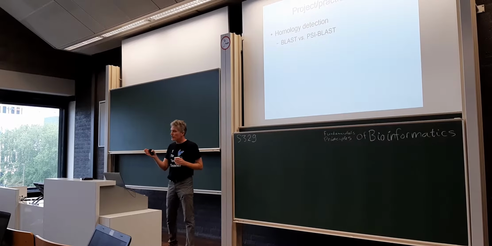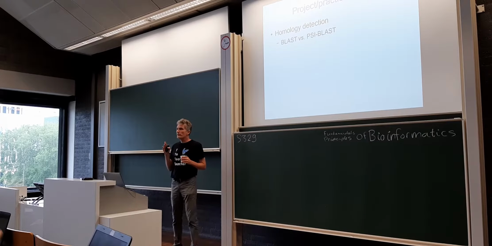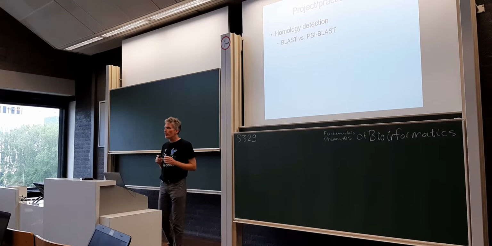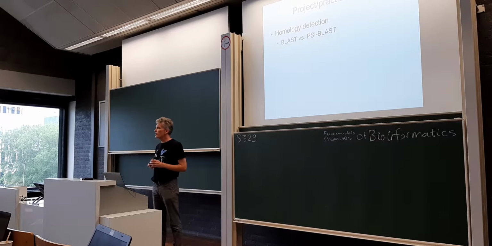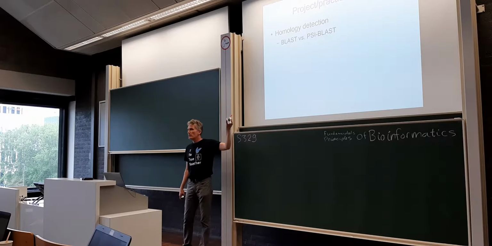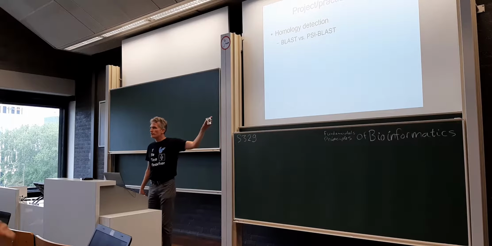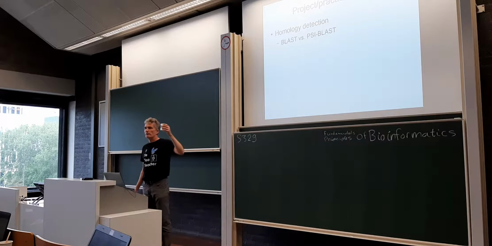It's a little bit more sensitive for remote homologs. And the simple question is, which one is better? How do we do that? It's a question to you. How can we test, benchmark, whether BLAST is better than SciBLAST or the other way around?